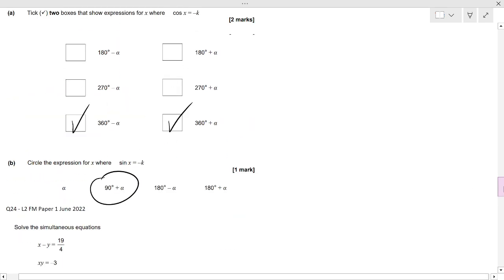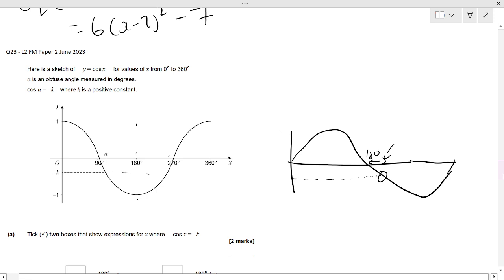It can be quite tricky visualizing that, but hopefully that makes sense. So again, it's 180 here when it's 0, and that'd be minus k. And then the gap between where it crosses the x-axis and alpha is going to be the same distance or gap here.